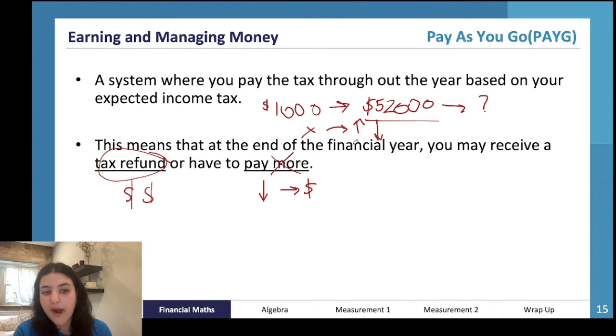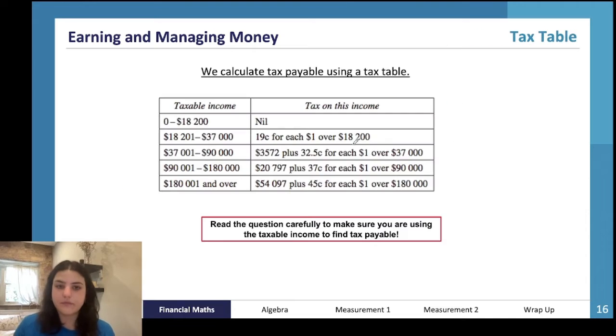So the way that this works in maths questions is they're going to ask you a question about some hypothetical tax, and then they're going to say, does this person get a tax refund, or do they have to pay a tax bill or a tax payment? All right, so we calculate our tax payable using what we call a tax table. So you'll see that we have our taxable income, and then we have tax on this income.